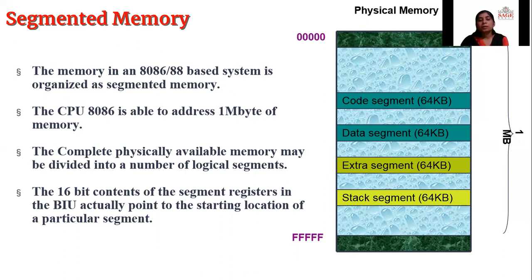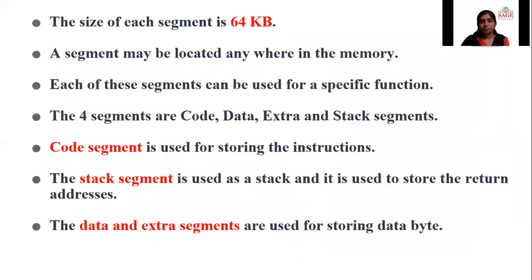The 16-bit contents of the segment register in the BIU point to the starting location of a particular segment, each having a capacity of 64 KB. The size of each segment is 64 KB, and a segment may be located anywhere in the memory.